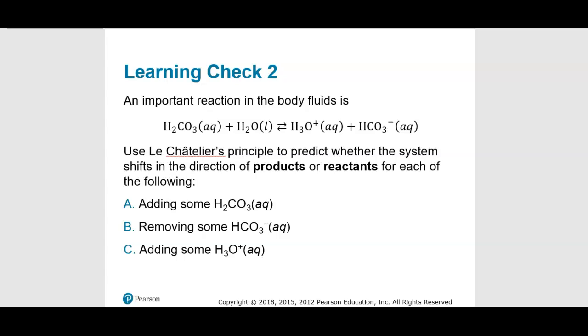You add some hydronium ion. Well, hydronium ion is a product. You're adding product. So what's going to happen there? You're going to shift to reactants. So let's see if I got that right. I said products, products, and reactants.